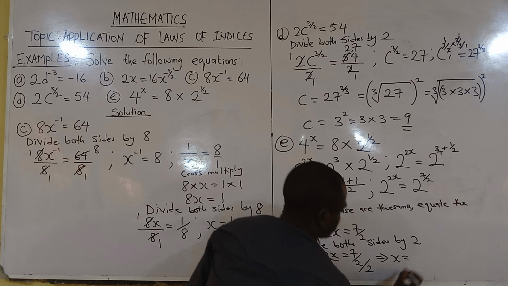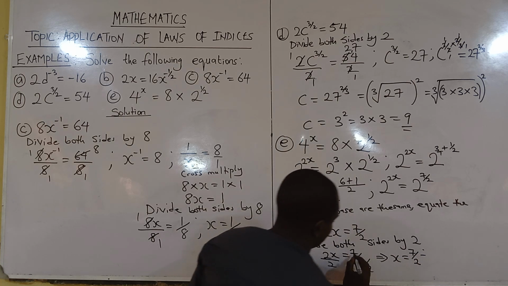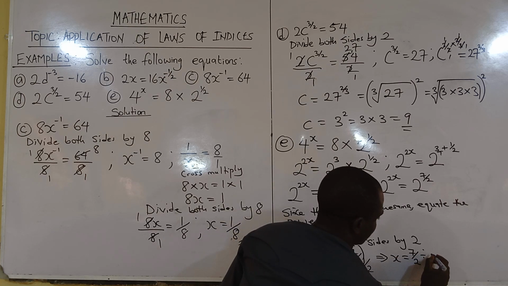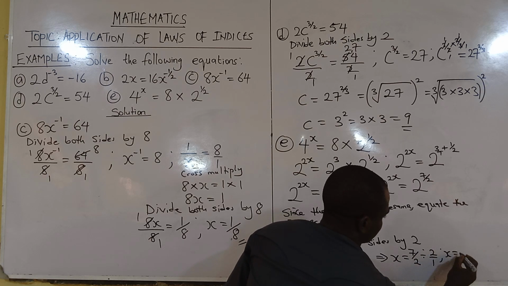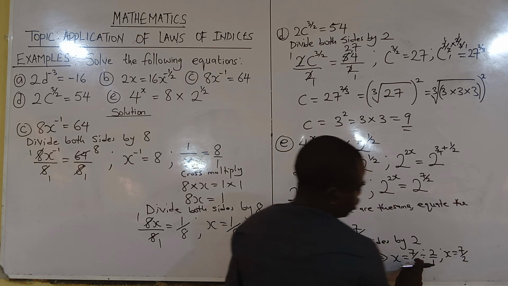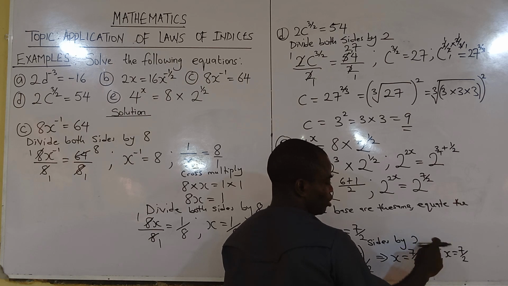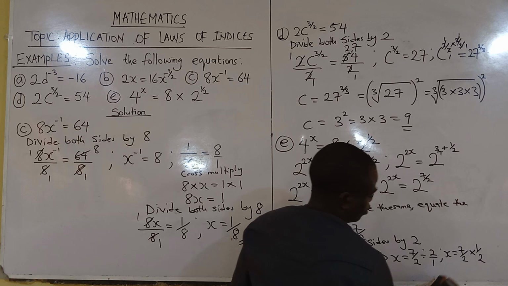Our x equals 7 over 2 divided by, because this 7 over 2, they are together from this expression, divided by, we just introduce this 2, divided by 2 over 1. When you are changing division to multiplication, the denominator will go to the numerator, and the numerator will come to the denominator, times 1 over 2.